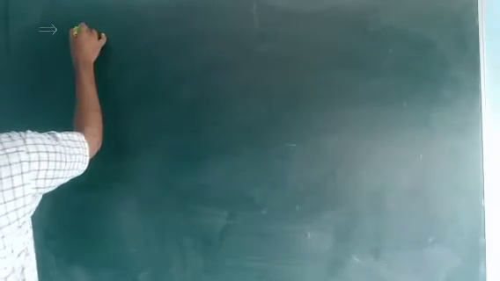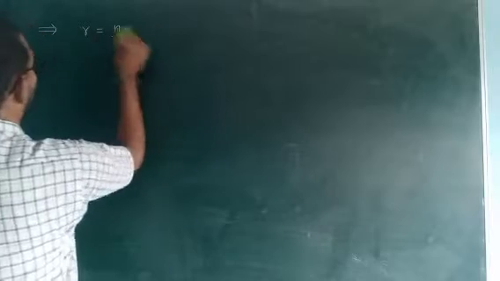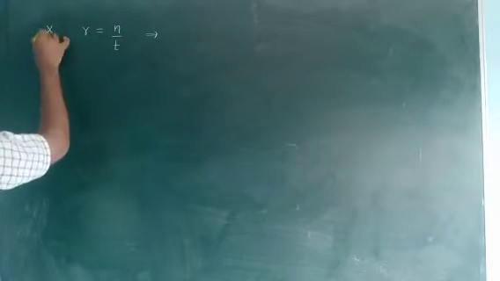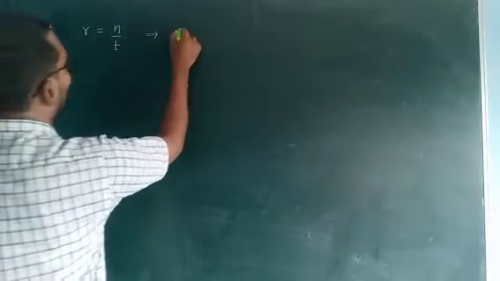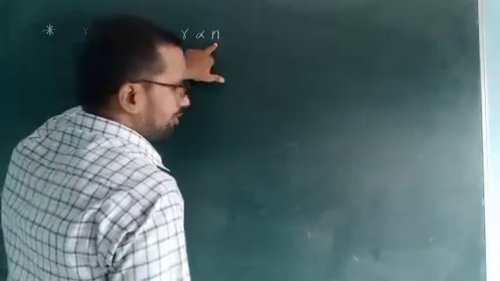Next model. We know that R is equal to n by t. Next point: R and n are directly proportional to each other, and R and t are inversely proportional to each other. So R is directly proportional to n.